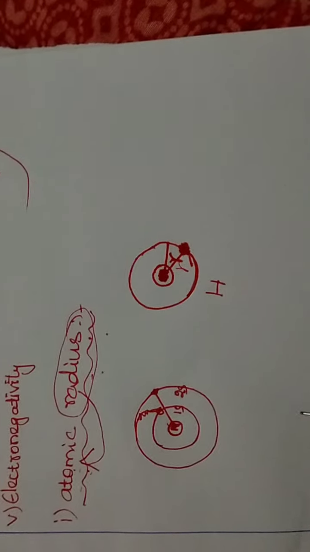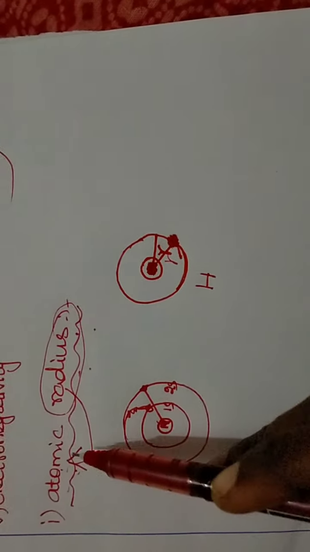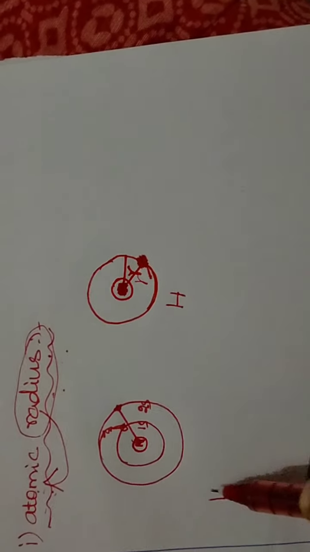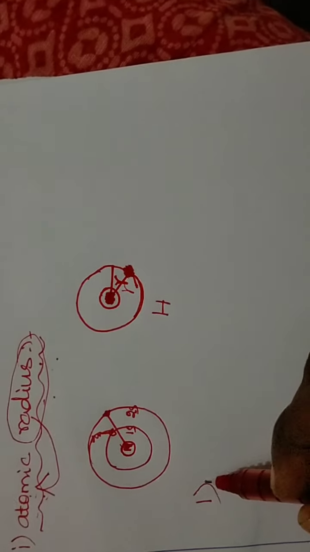So totally we have two types of measurement for measuring the atomic radius. The first one is covalent radius.